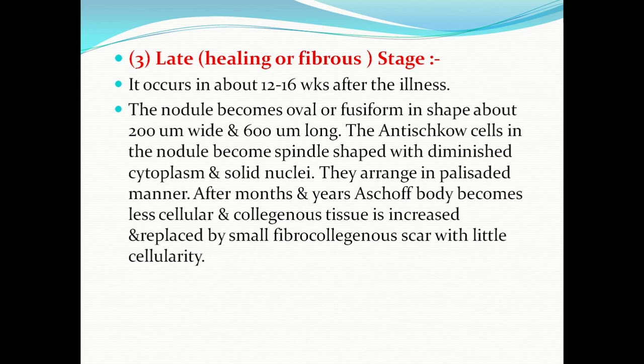So what happened in the late stage? The late stage occurs between 12 to 16 weeks and the lesions will be diminished in size. The Anitschkow cells are also diminished in size and these lesions will be replaced by collagenous tissue, and a collagenous scar will be formed. Clear? So it's all about the three stages of Aschoff body, and these are also asked as individual short questions, right?